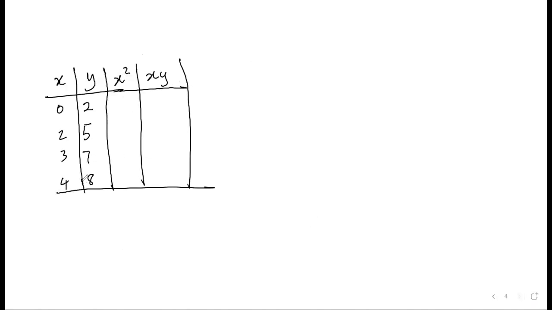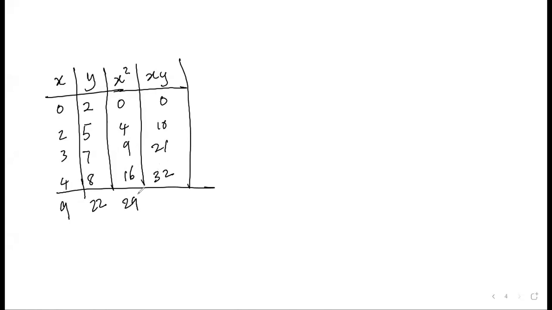So we need the sum of x, 9, 7 and 7, 14, and 8 is 22. Sum of x squared is 0, 4, 9, and 16, which is 29. Xy is 0, 10, 21, 32.